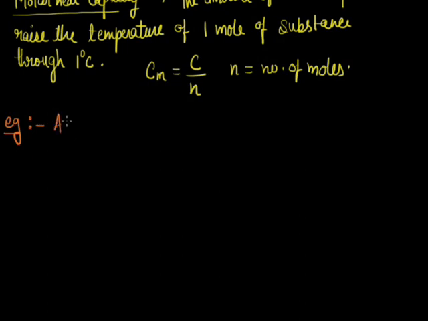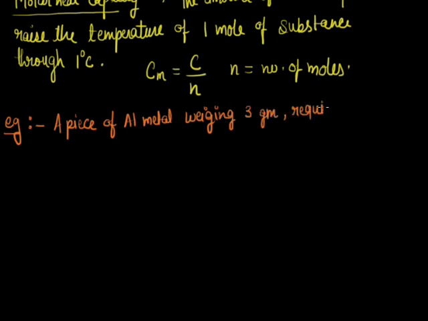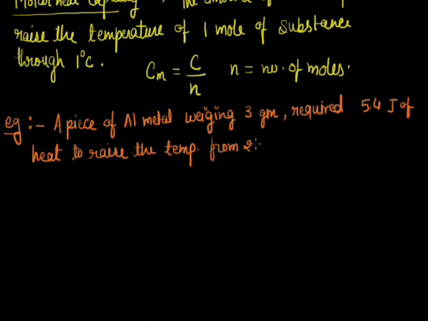A piece of aluminum metal weighing 3 grams required 5.4 joule of heat to raise the temperature from 298 Kelvin to 300 Kelvin.